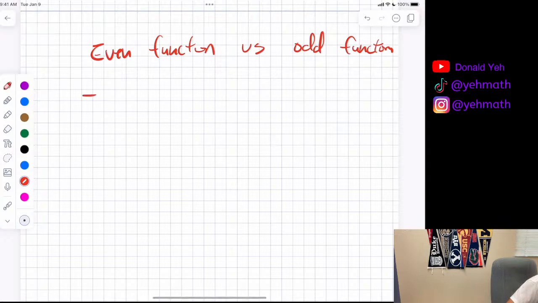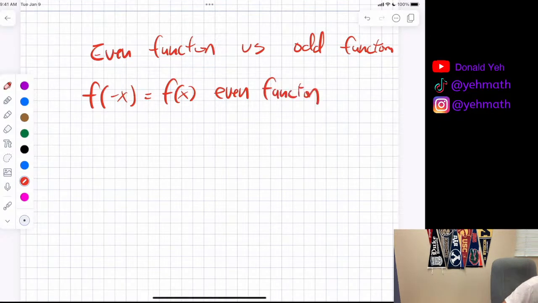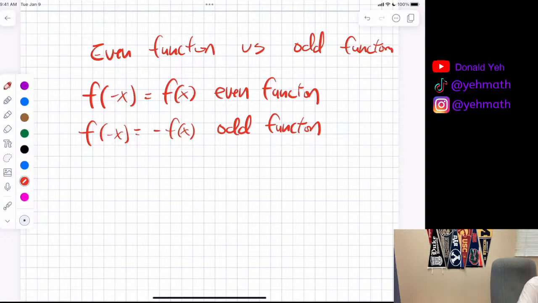The definition is: if you plug negative x into the function and you get the original f of x, that's called even. So even functions. If you plug negative x into the function and it comes out as negative f of x, which is the opposite of the original function, that's called an odd function. So you have even and odd.